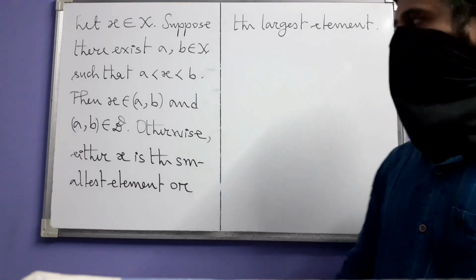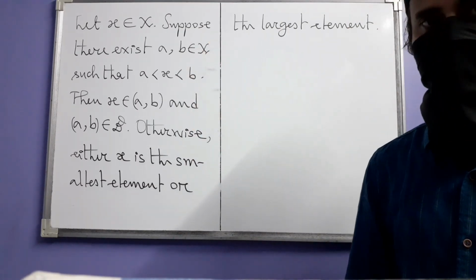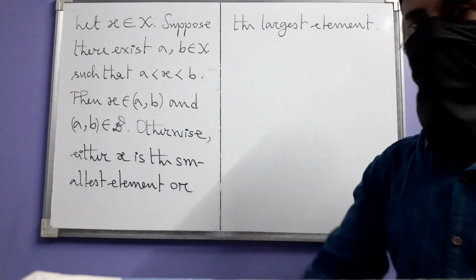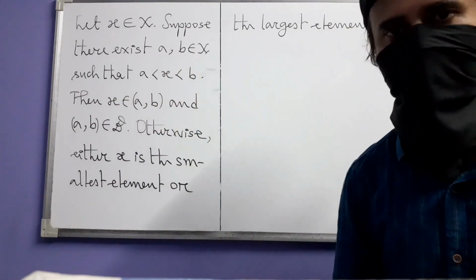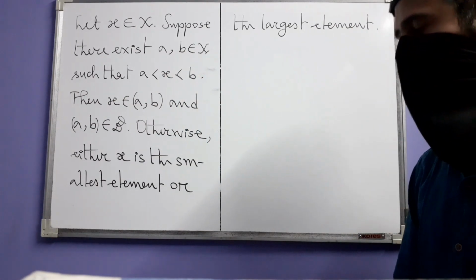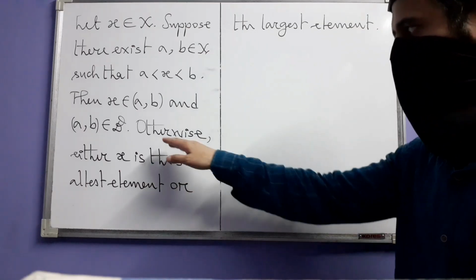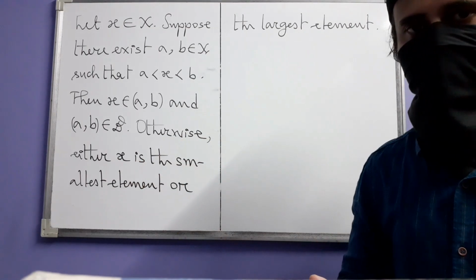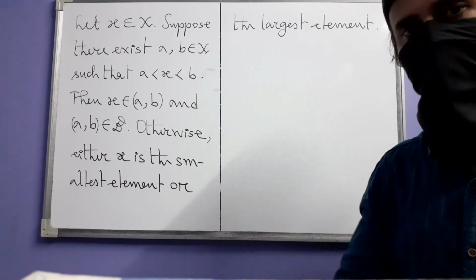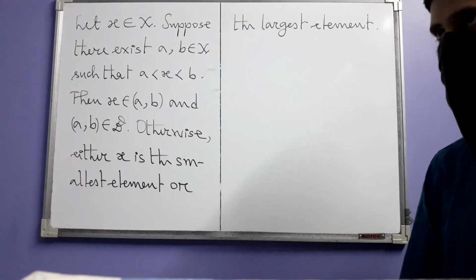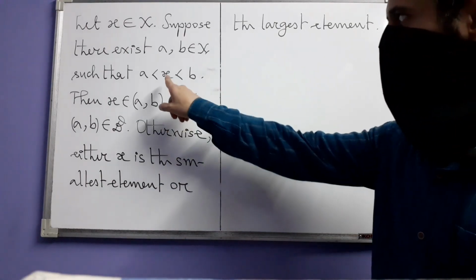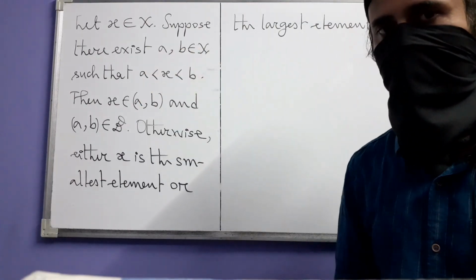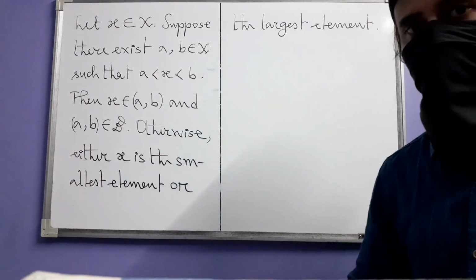But say this is not possible, that you are unable to find elements on both sides of X in this sense. Then that means either X is the smallest element or X itself is the largest element. Why? How? Say you are unable to find an element like small a on that side of X. What does that mean?